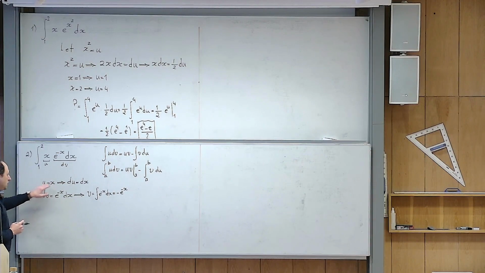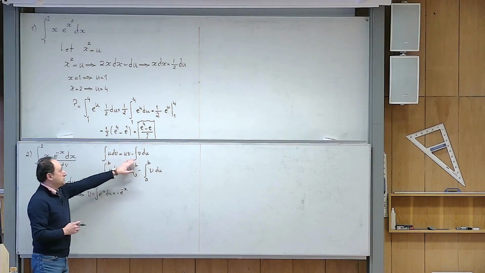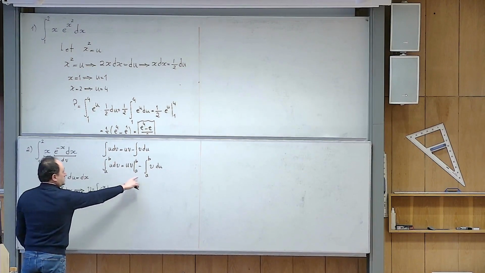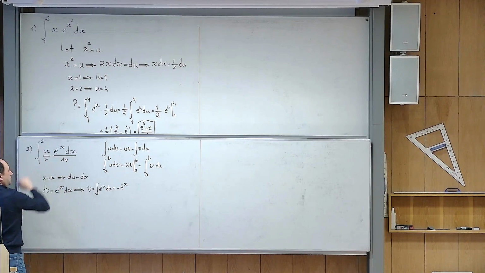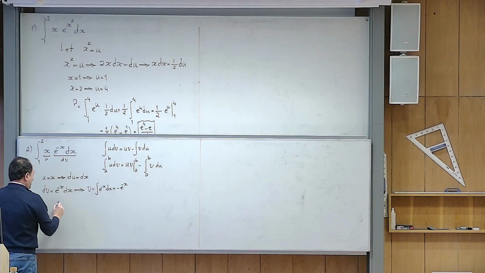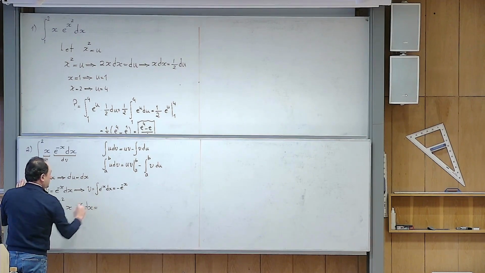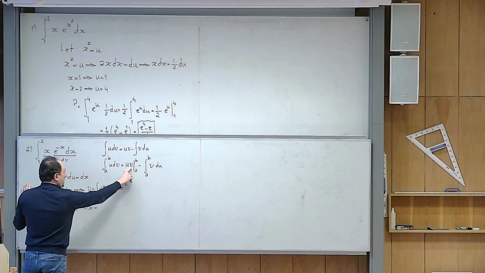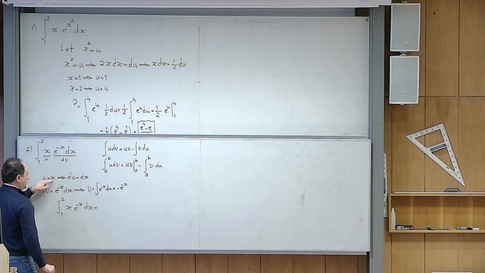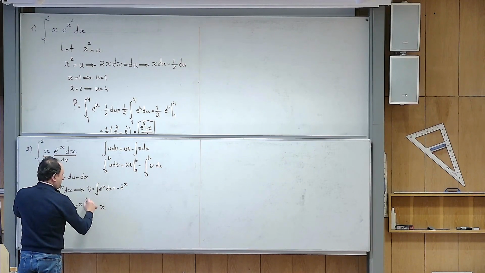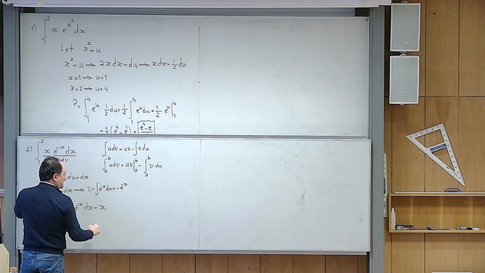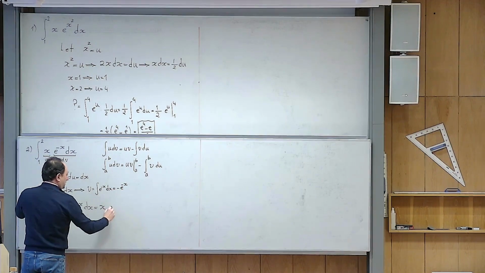So I have u, I have du, I have dv, now I have v, so I can use this formula. I will use the definite version because I also have limits. So the integral from 1 to 2 of x e to the power of minus x dx is equal to u times v. This is your u, which is x, times v, which I just calculated: minus e to the power of minus x.